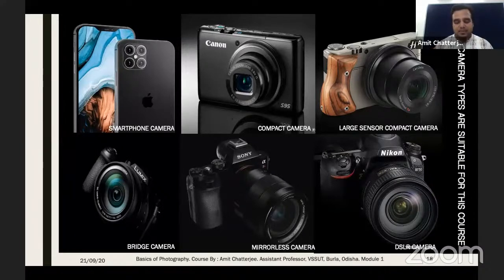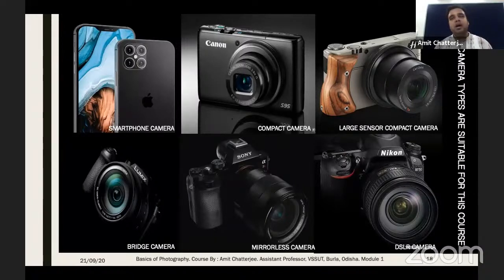Let's say, for example, if you want to click a certain kind of specialized image, you might need a specialized lens for a DSLR camera. But a bridge camera can do it all. It has a macro mode which can do macro photography, a sports mode which can do sports photography, and a night mode which can take photographs at night. So basically, it's an all-in-one camera.